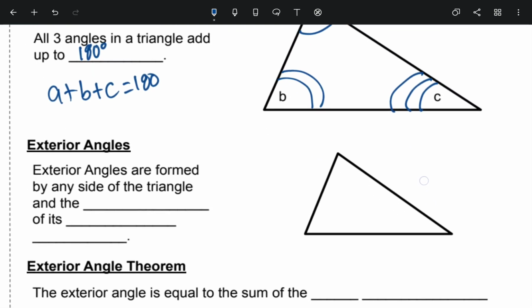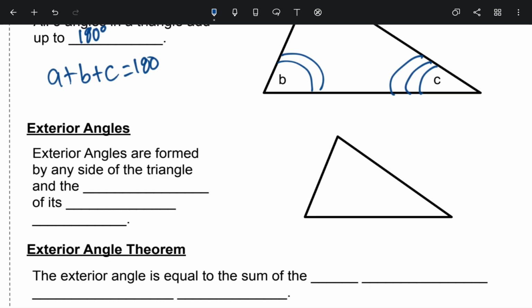Now our next theorems are the exterior angle theorems, but first let's look at what an exterior angle is. Exterior angles are formed by any side of the triangle, or really any polygon, and the extension of its adjacent side.